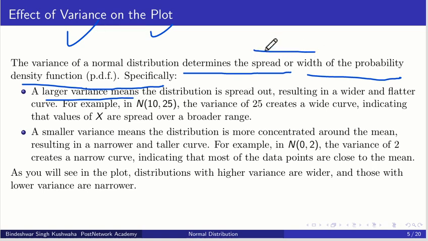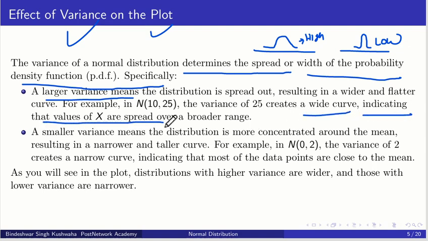That means if variance is high, compared to low variance, it creates wide curves indicating that values of x are spread over a broader range. And a smaller variance means the distribution is more concentrated around the mean.